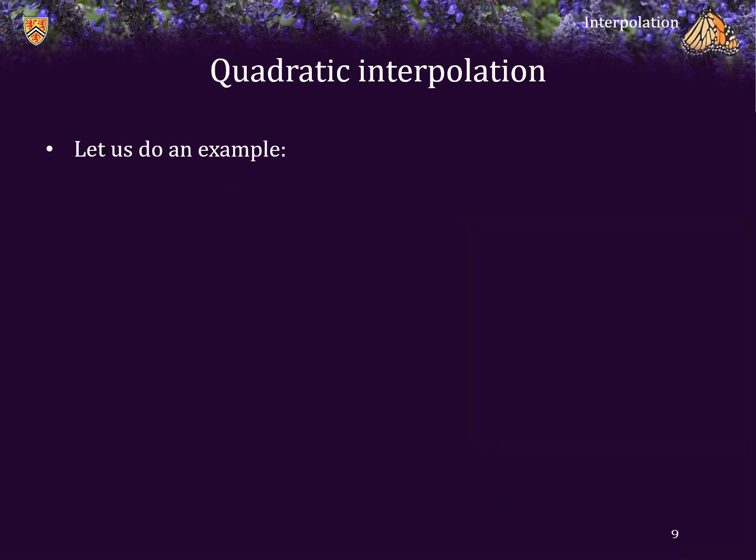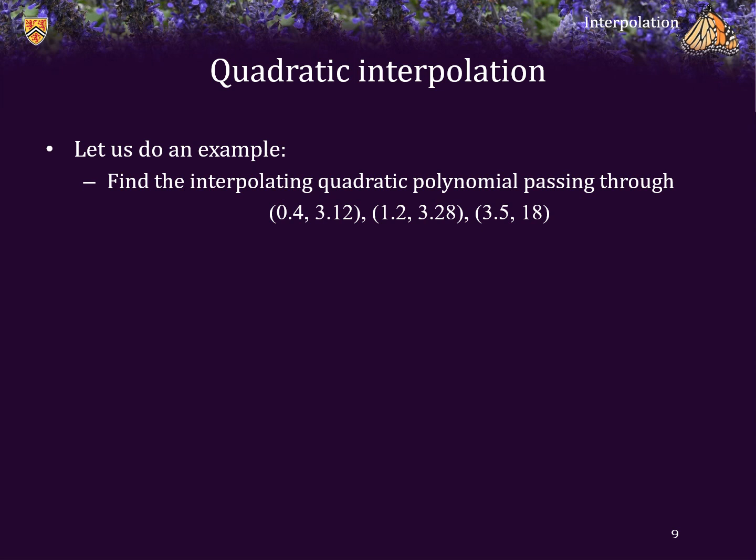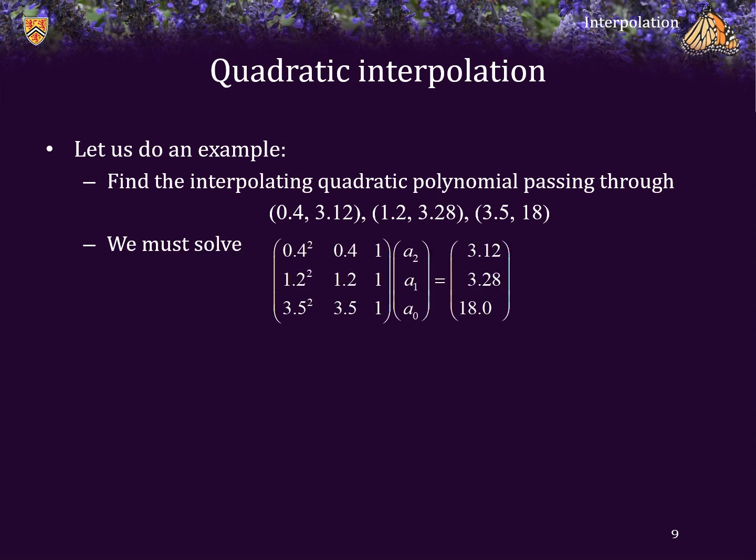Let's do an example. Find the interpolating quadratic polynomial that passes through the 3 points (0.4, 3.12), (1.2, 3.28), and (3.5, 18). To solve this, we must solve the following system of 3 linear equations in 3 unknowns.